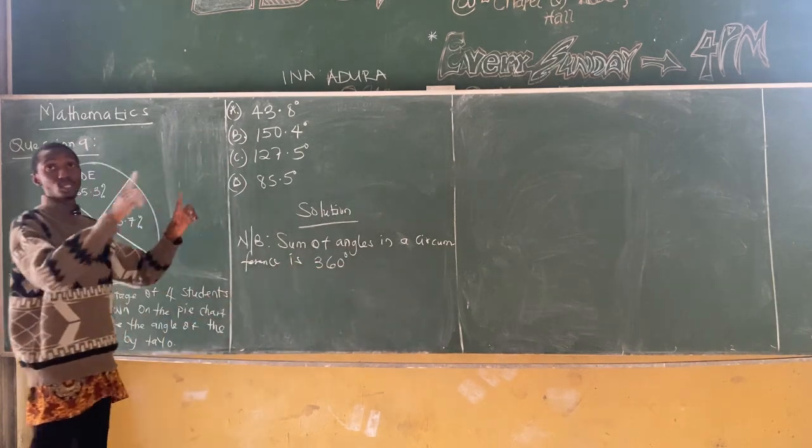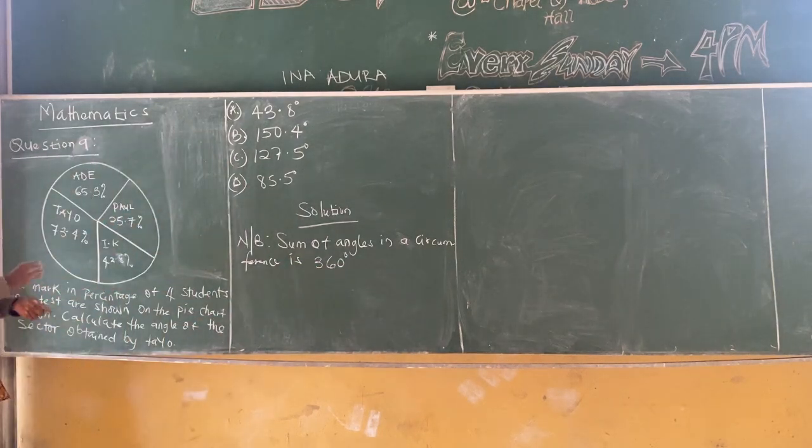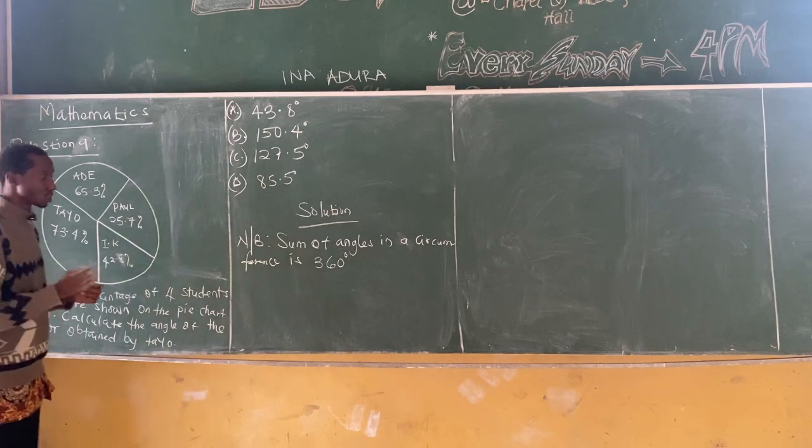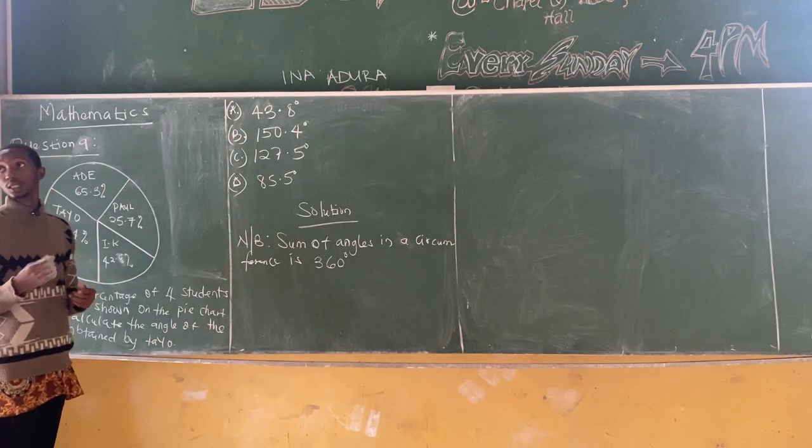That means sum of angles in a circle is equal to 360 degrees. Now they said we should find it here. What we need to do is to add all these percentages together and divide by that of TIRE. Then multiply it by 360 degrees.